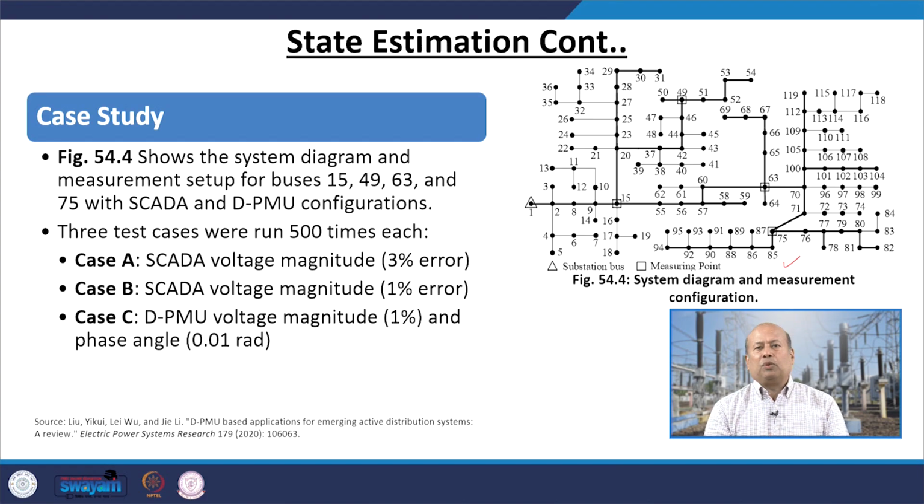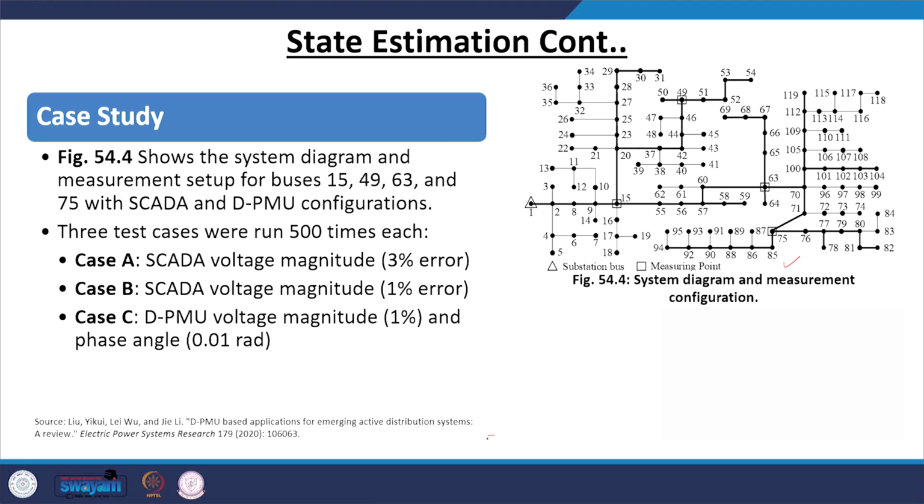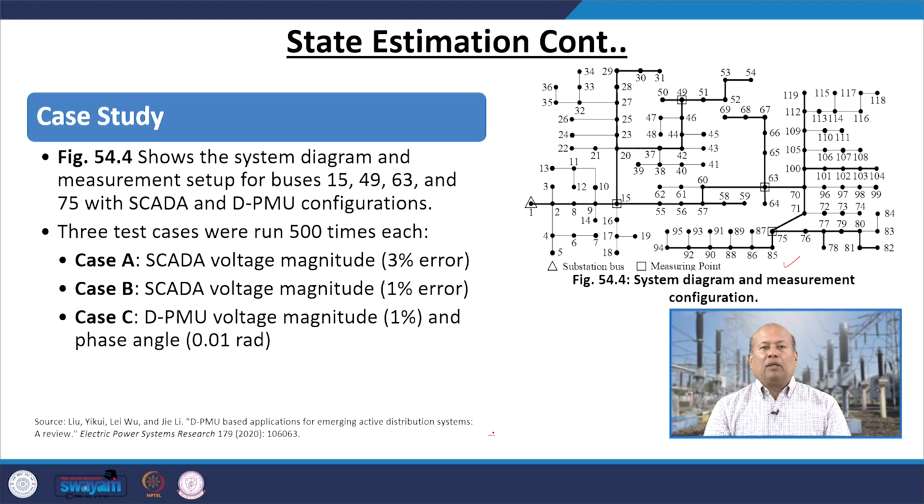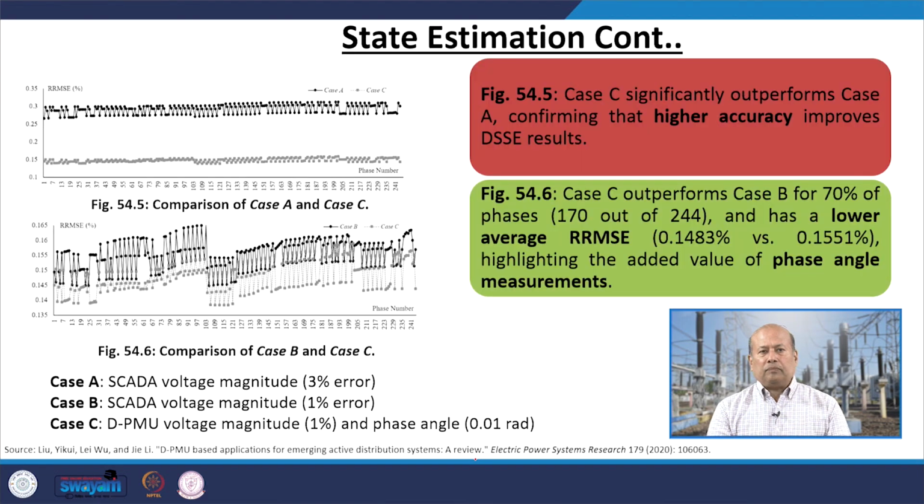We would like to see which performs better compared to the other. Three test cases were run 500 times each. Case A: SCADA voltage magnitude with 3% error. Case B: SCADA voltage magnitude with 1% error. Case C: D-PMU voltage magnitude 1% and phase angle of 0.01 radians.